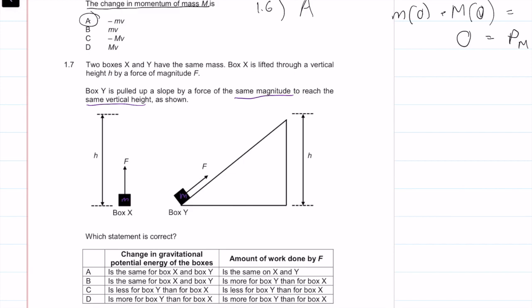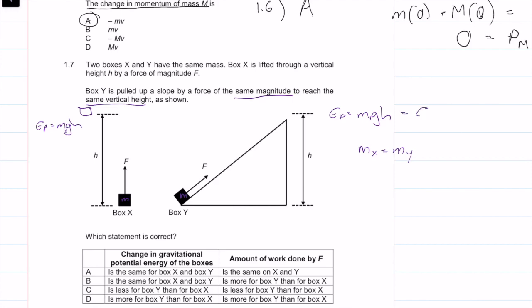Okay, so at this height up here, the EP is equal to the mass of the box times gravity times the height. Over here, the EP is equal to the mass of the box times gravity times height. This is box X and this is box Y, but we know the mass of X is equal to the mass of Y, so these two equations are the same.